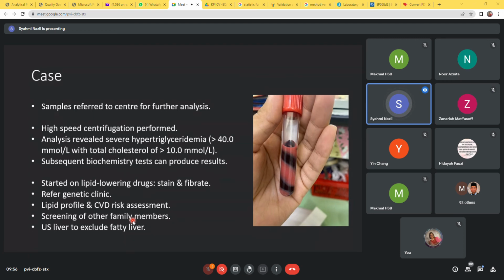The patient was started on lipid-lowering drugs, which are statin and fibrate, and was referred to the genetic clinic to rule out primary causes. Lipid profile and cardiovascular disease risk assessment were performed. Screening of other family members for genetic disease was also done, along with an ultrasound of the liver to exclude fatty liver.